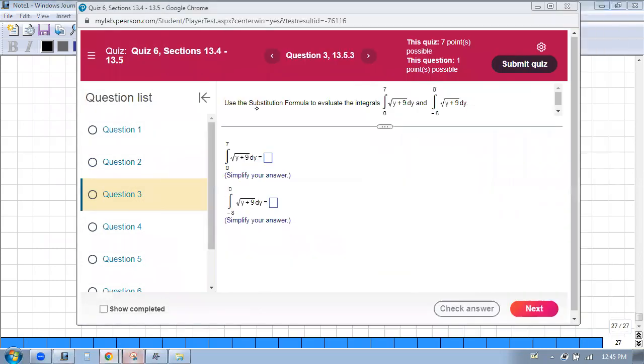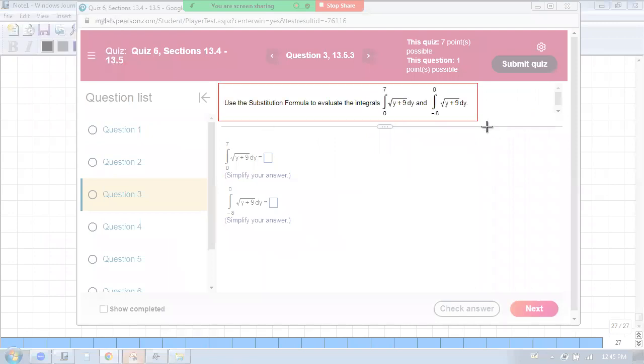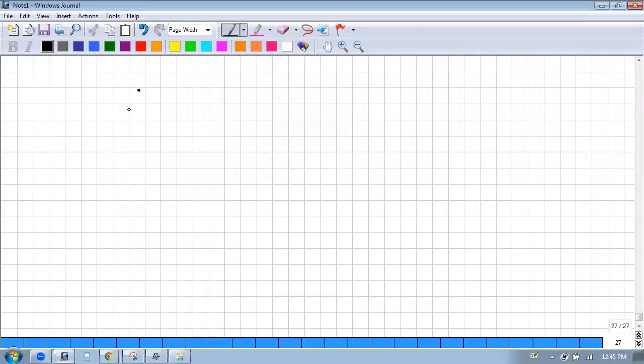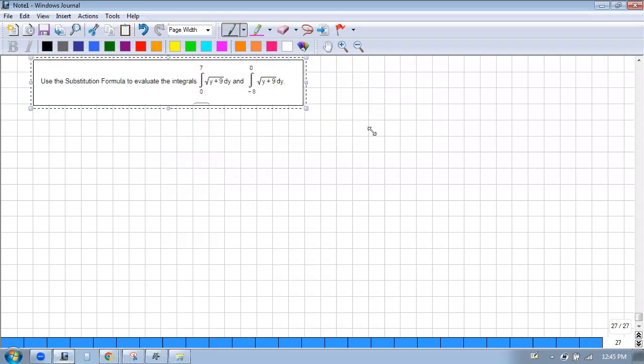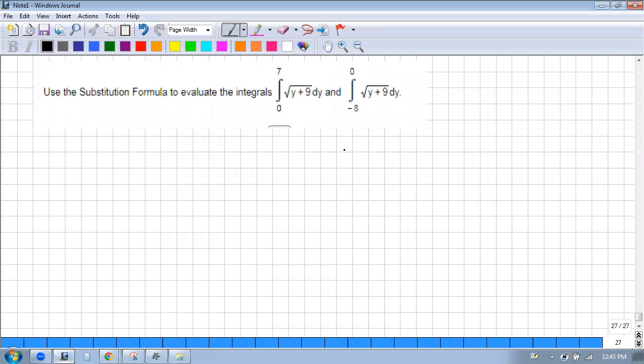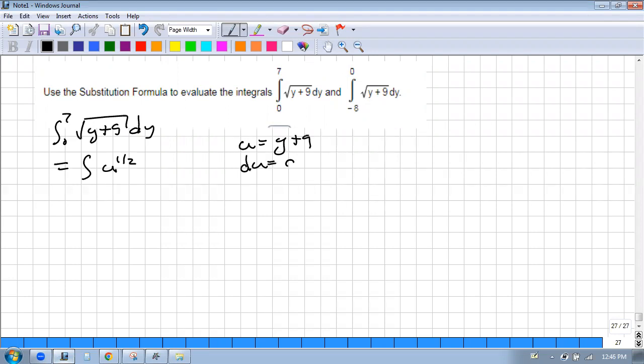This one. Use substitution formula to evaluate both these integrals. Okay, so they're the same integral, it's just the bounds have changed. So the integral from 0 to 7, we would call this u to the 1/2, where u is y plus 9, so du is the same as dy.